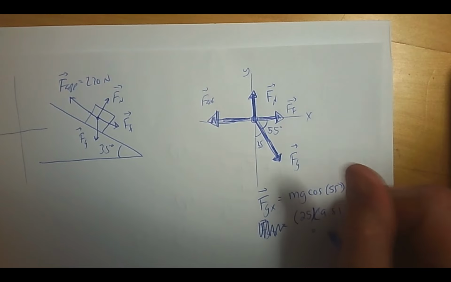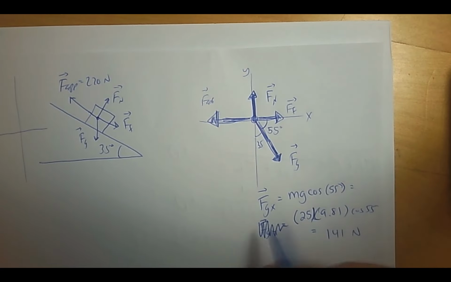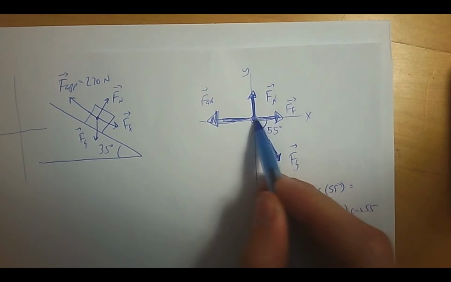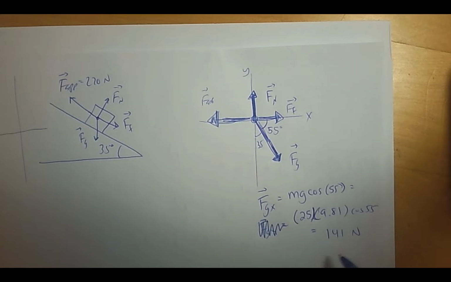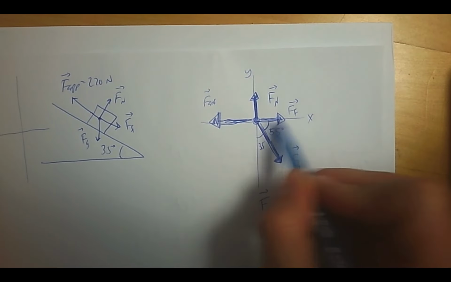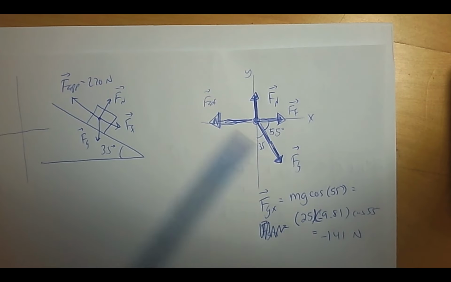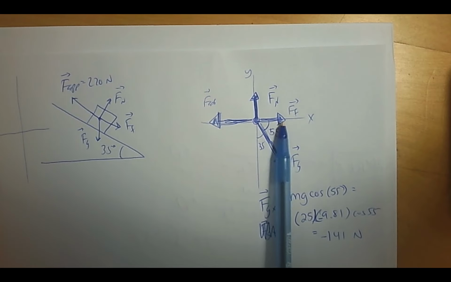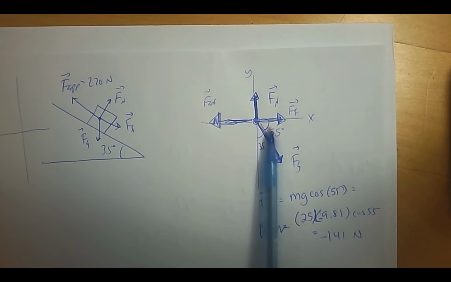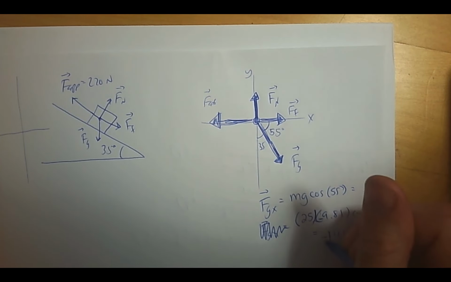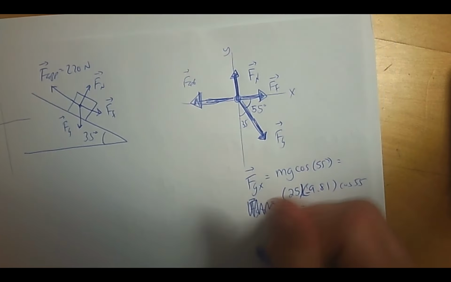And I got 141 newtons. My x component of gravity points in the positive direction, so I'm going to keep that as positive. That's why I didn't put my negative sign here. But if I did put negative and then ended up with negative, I would just look at my diagram and say, actually, I'm pointing to the right for my x component of gravity, right? My x component of gravity is going to be rightward, so this would be a positive 141.